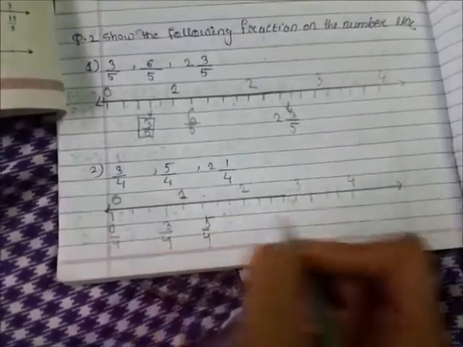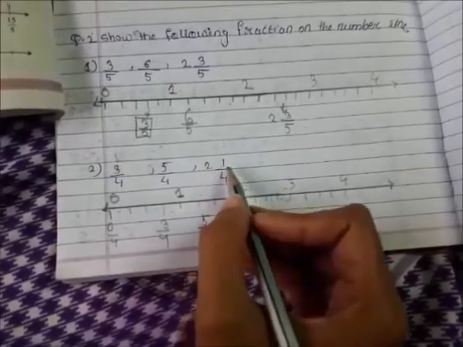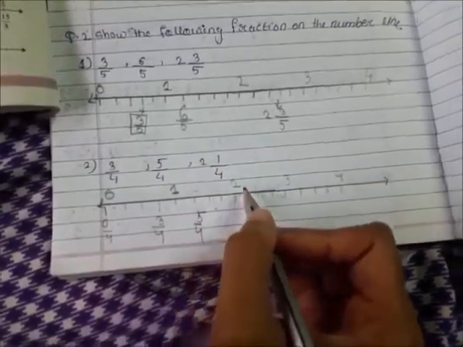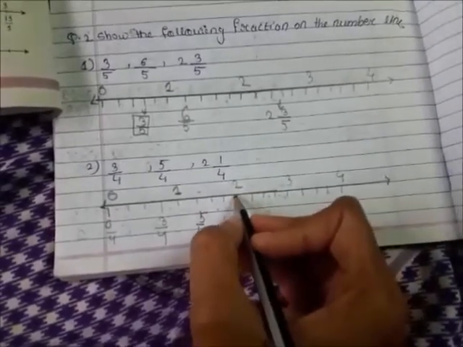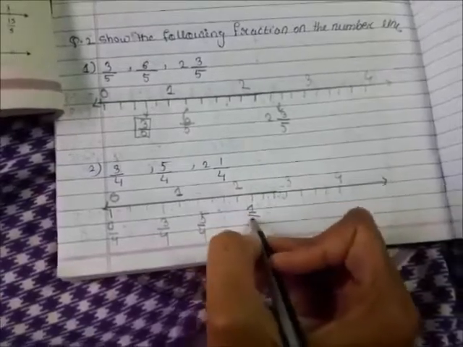After 5 upon 4, we show 2 1 upon 4. 1 upon 4 means after 2, the 1. So this is my 2 and after 2 this is my 1 upon 4. So in this way we have completed our practice set 11.